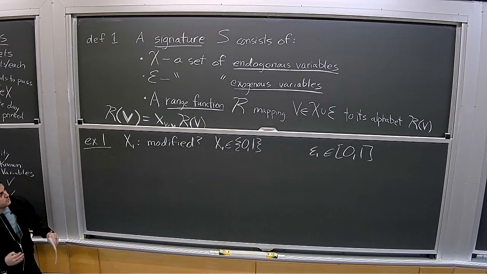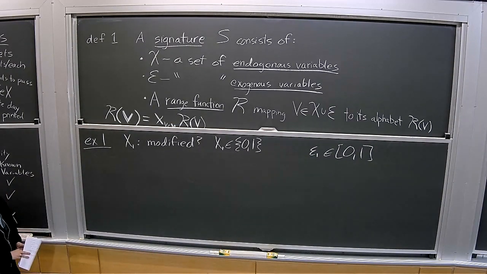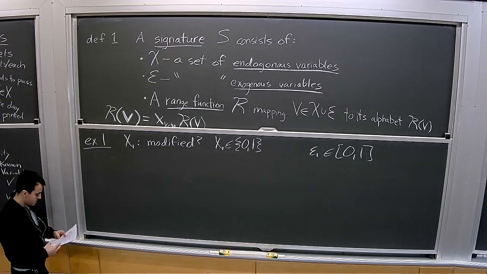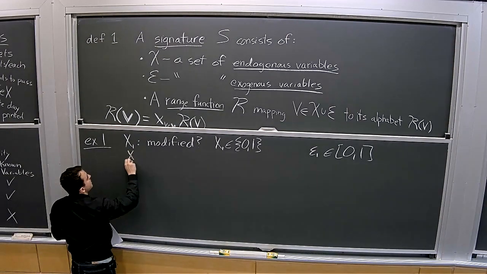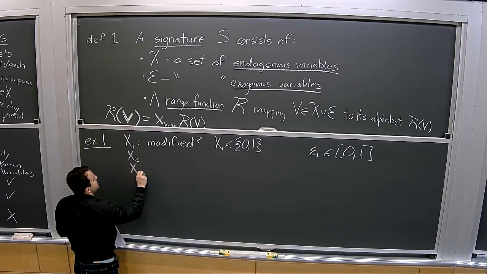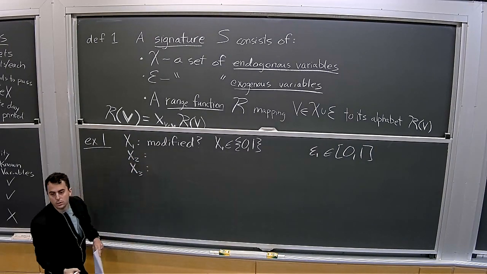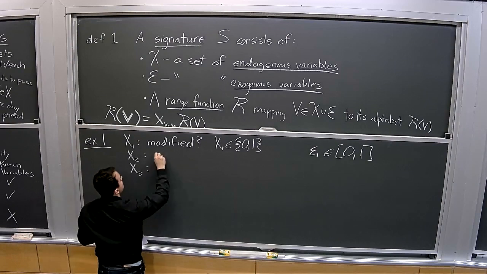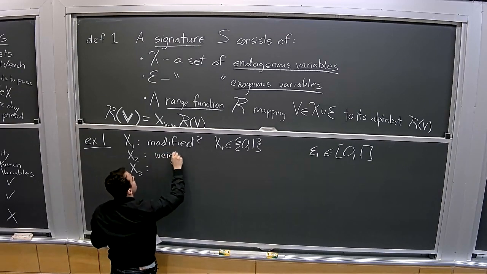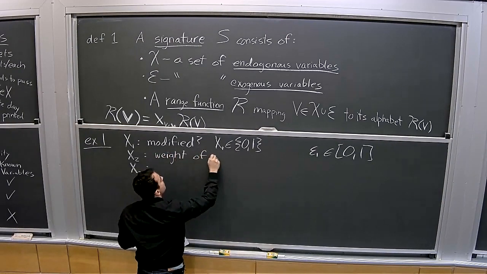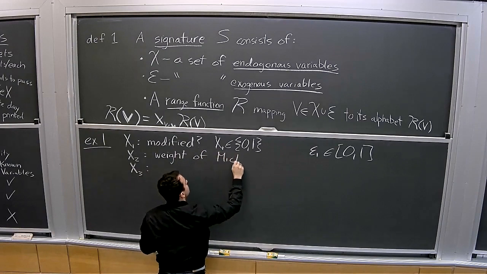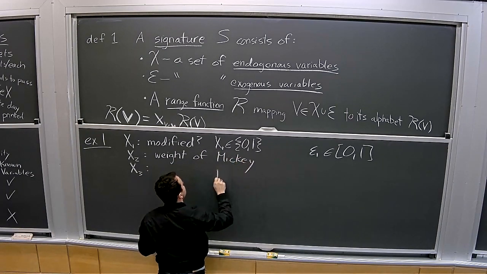Okay, and then if I do this genetic modification, maybe the way my experiment is set up is that I'm going to be genetically modifying 2 mice. So we'll call these mice Mickey and Minnie.